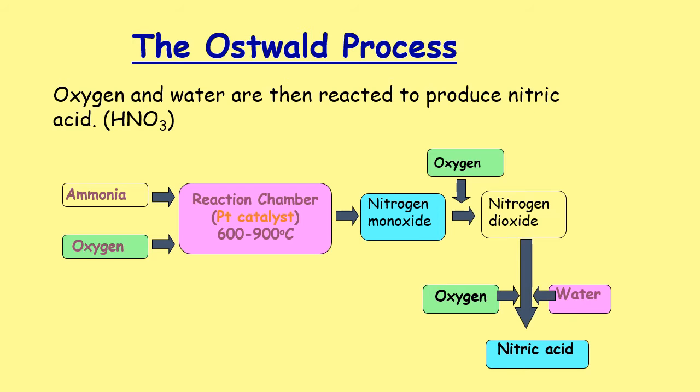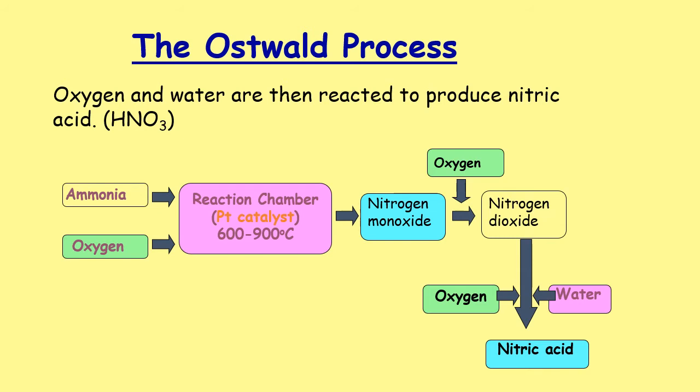So there are three starting materials for the Ostwald process: ammonia, which is produced from the Haber process, oxygen, which is taken from the air, and water, which you can find pretty much anywhere on planet Earth. So the three reactants for the Ostwald process are ammonia, oxygen, and water.